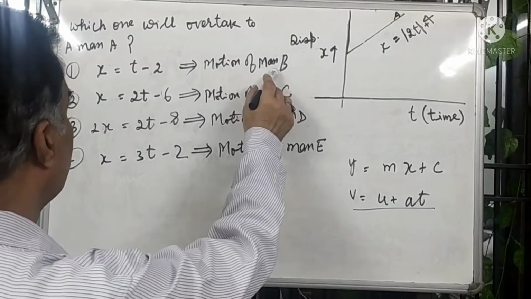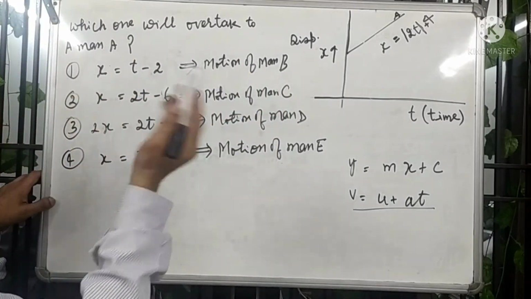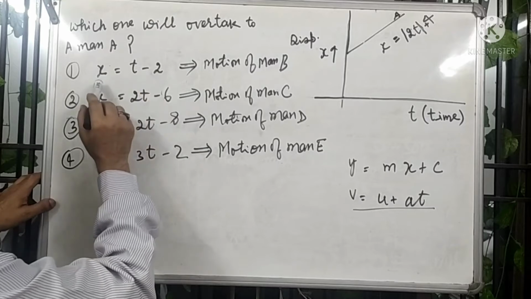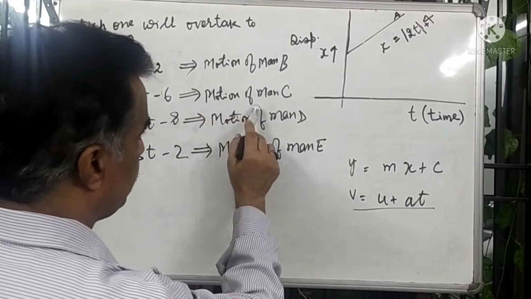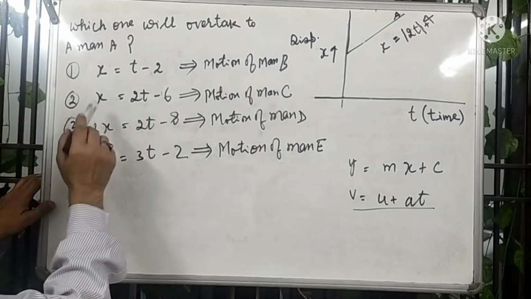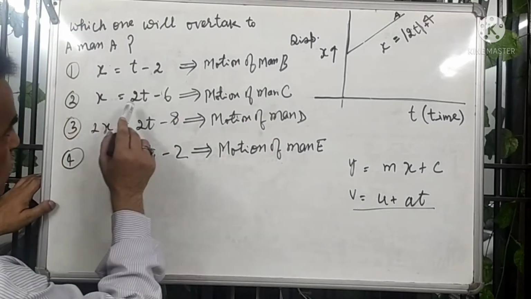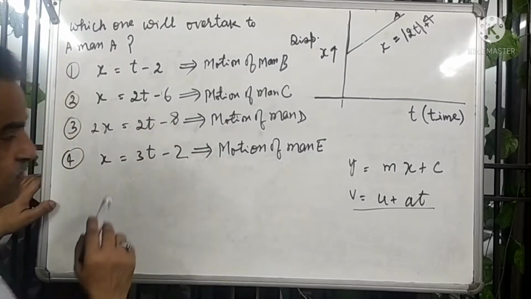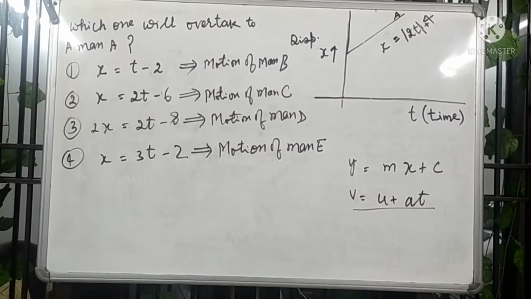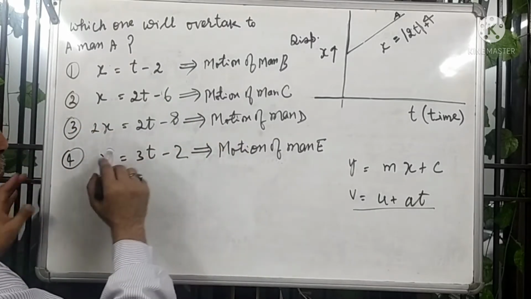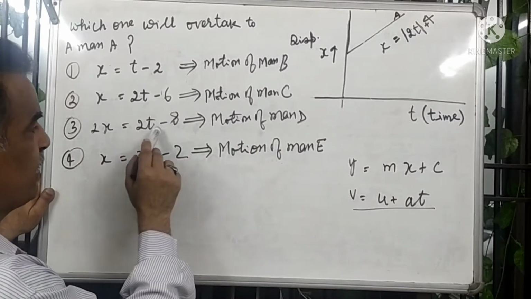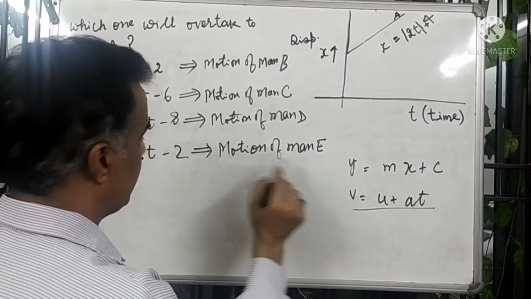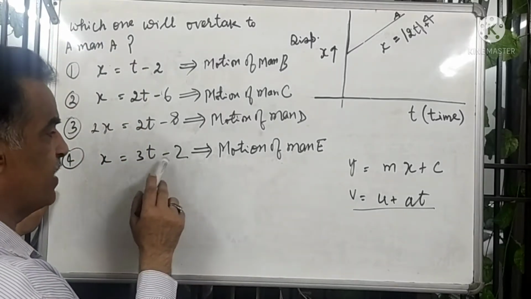Person B, whose equation of motion is x = t - 2. The motion of man C has the equation x = t - 6, which means the persons are moving according to these equations. The motion of D is 2x = 2t - 8, and the motion of man E is x = 3t - 2.